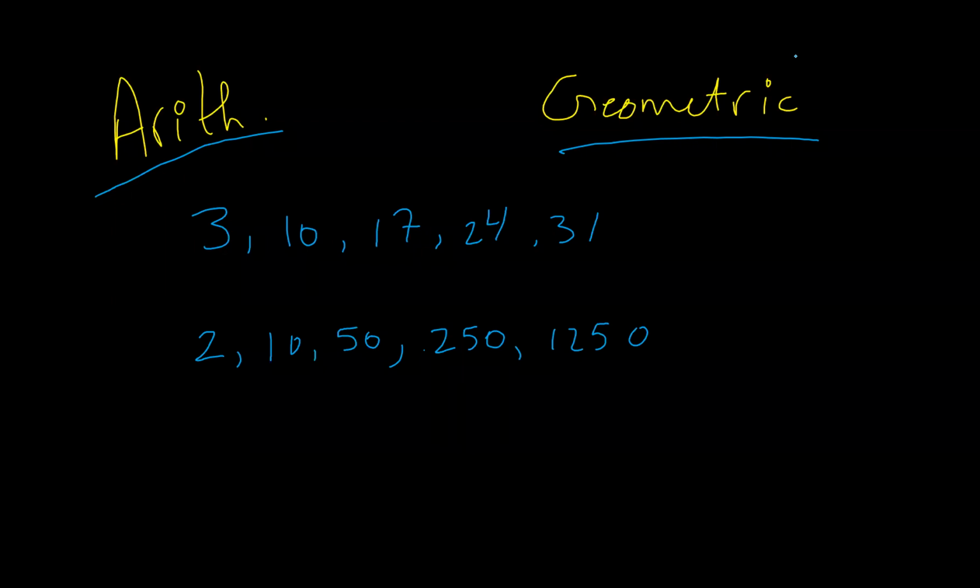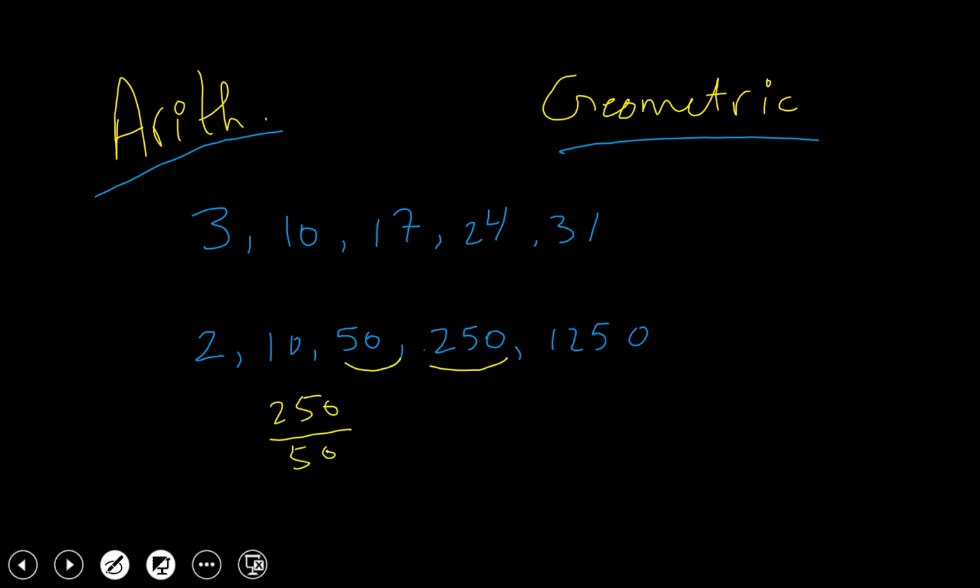That is when we divide any number of this sequence by the number preceding it: 250 divided by 50, or 50 divided by 10, or 10 divided by 2. In each case, we will get 5. So here we say we have a common ratio. Okay? Any questions?